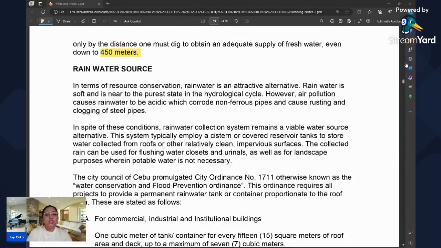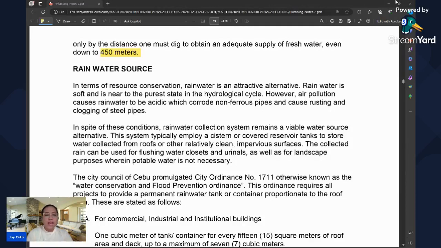In spite of this condition, rainwater collection system remains a viable water source alternative. We can use this actually sa pag-gardening, di ba? And this system typically employs a cistern, a covered reservoir tank, to store water collected from roofs or other relatively screened impervious surfaces. So the collected rain can be used for flushing the water closets and urinals as well as for landscape purposes wherein potable water is not necessary.